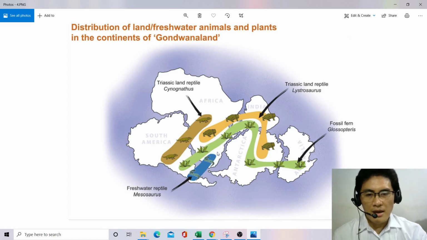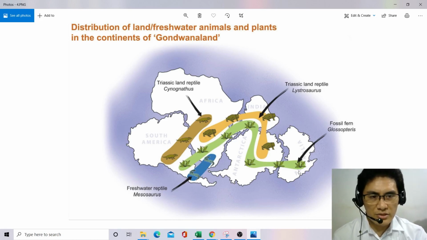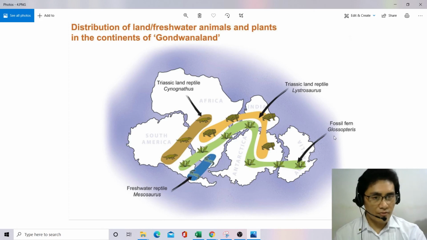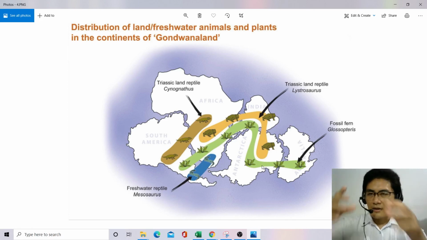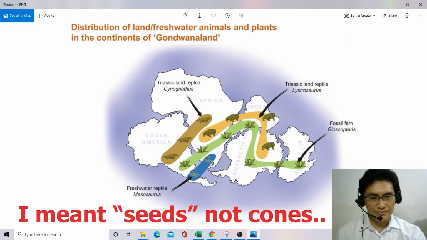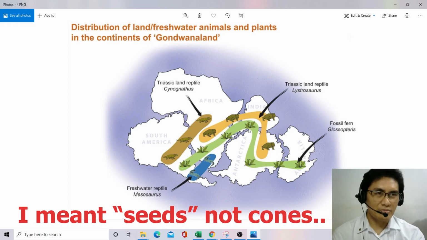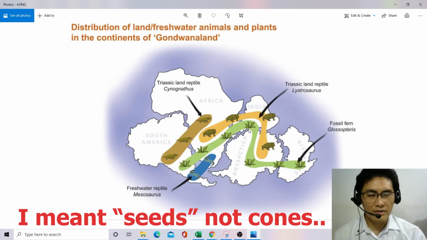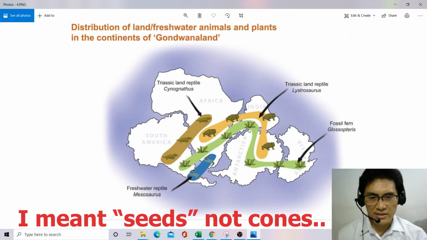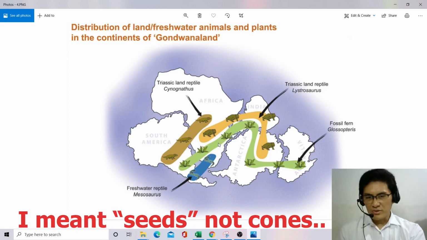Okay, and another convincing evidence was this Glossopteris. It's a fossil fern, a gigantic fossil fern, and its cone is big too, because this is a plant that produces cones, right? The cone, which would serve as the propagating agent to generate new offspring, is very big.